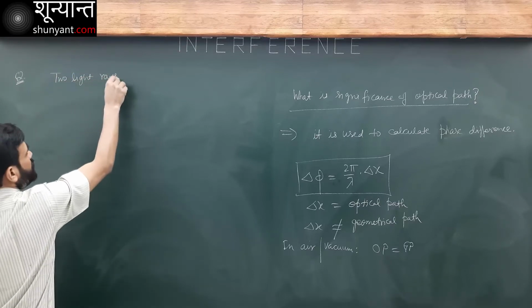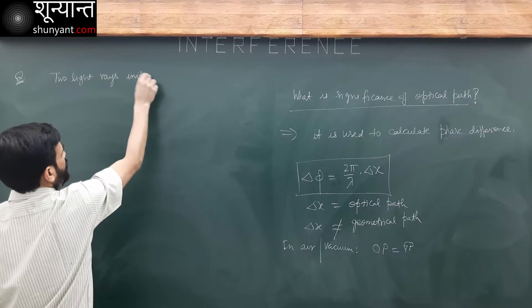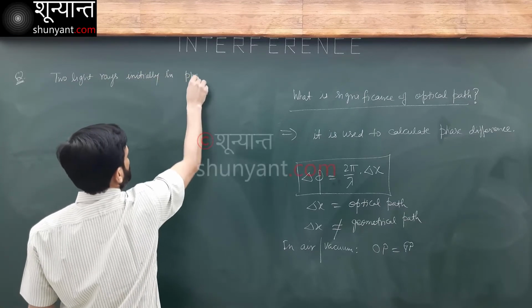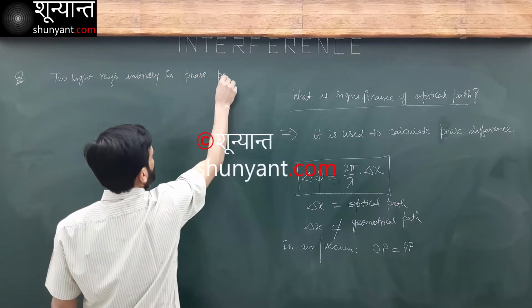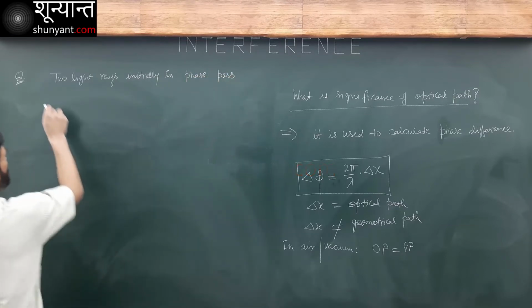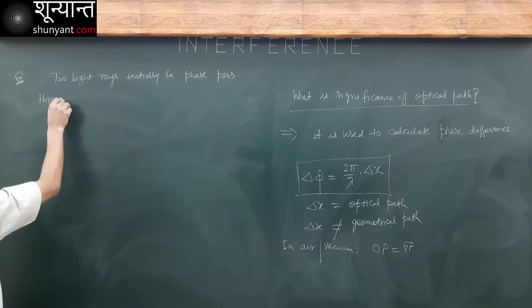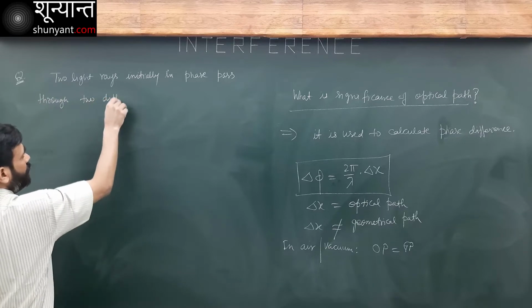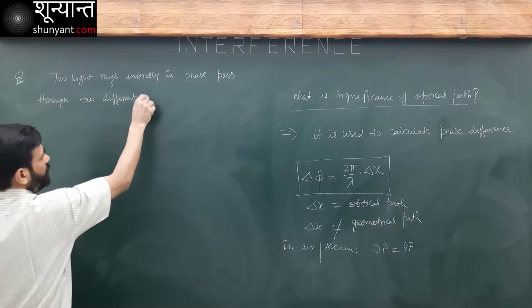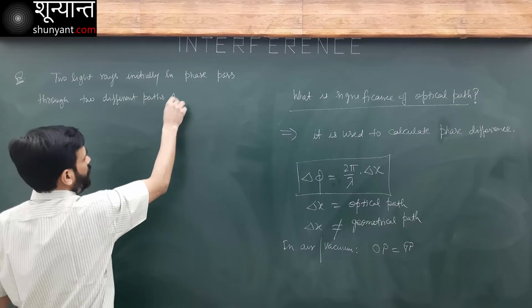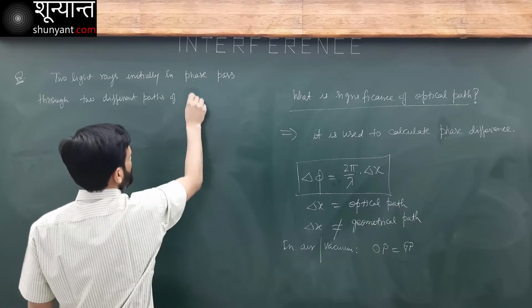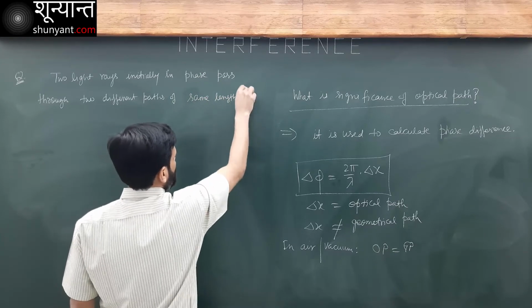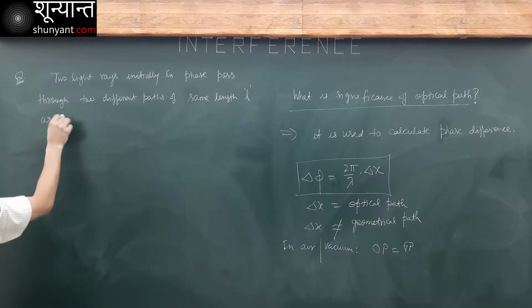Two light rays, initially in phase, pass through two different paths of the same length L, as shown.